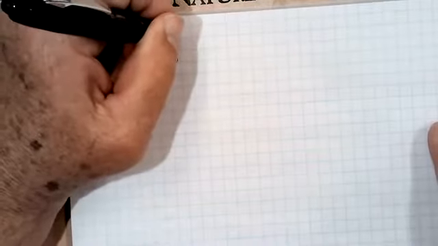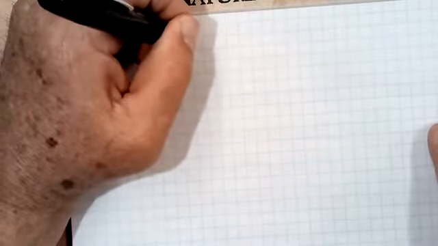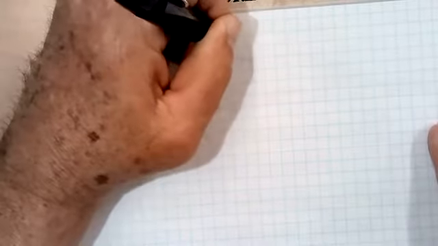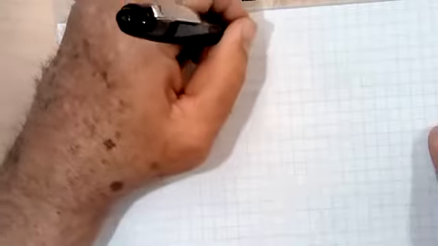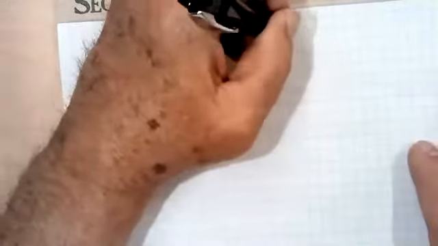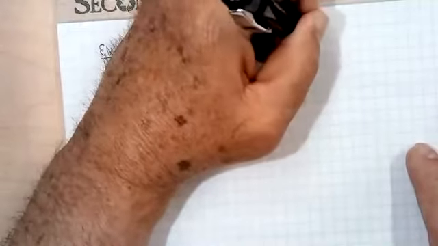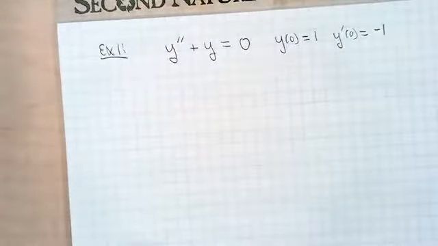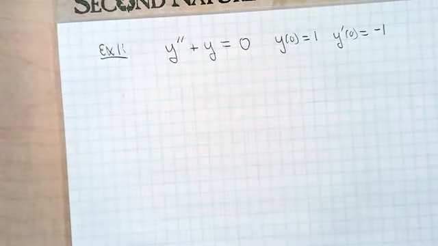Okay, how about this? y double prime plus y equals 0. And how about y at 0 equals 1, y prime at 0 equals minus 1. I'm making up numbers. Now, we know what the solution is here, right?